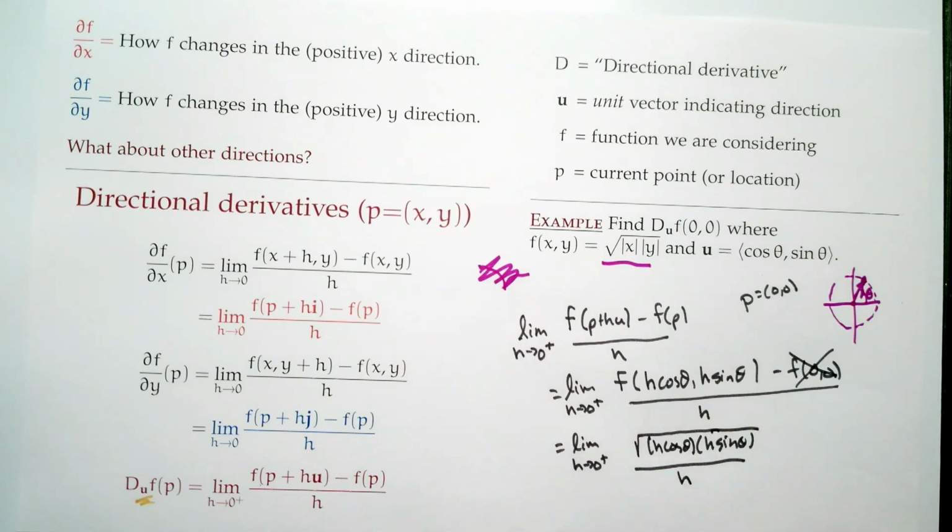Now, the good news is, on the inside, what do we have? h squared. And square root of h squared, what does that become? It becomes h. Now, normally when we say square root of h squared, what would we say? The absolute value of h. But what do we have going for us?